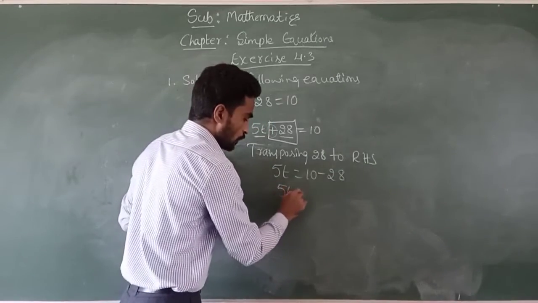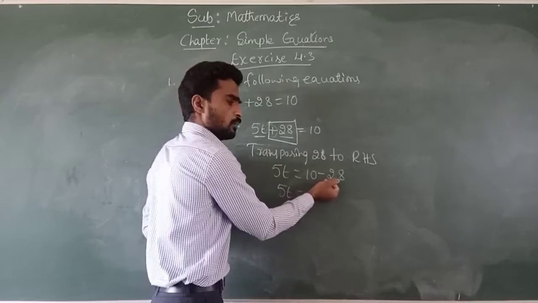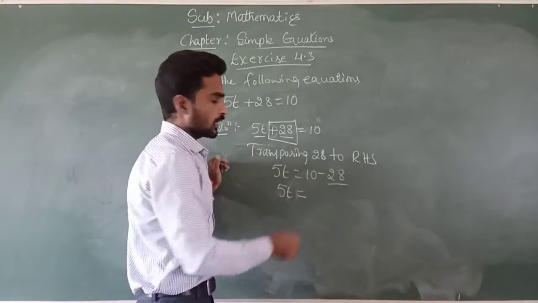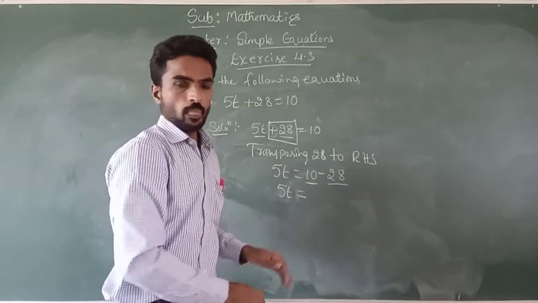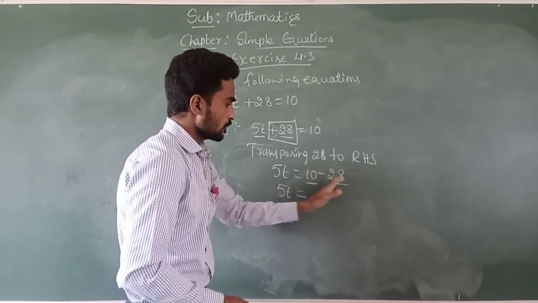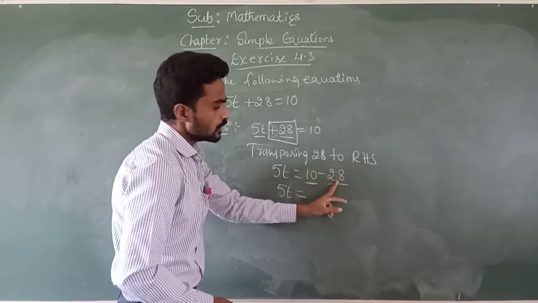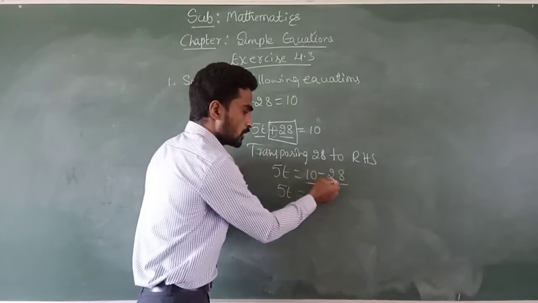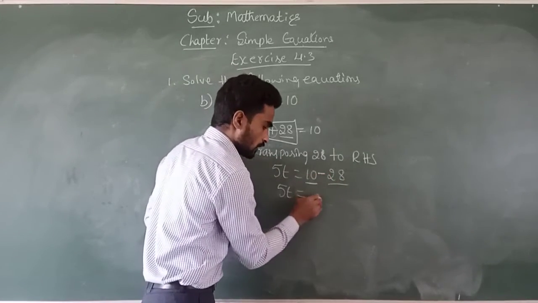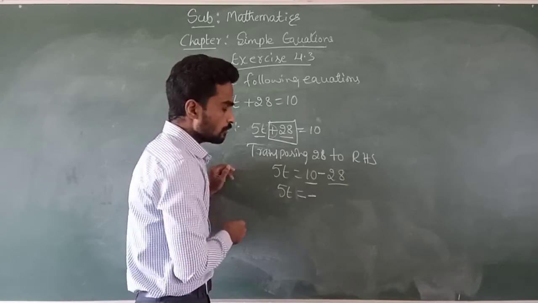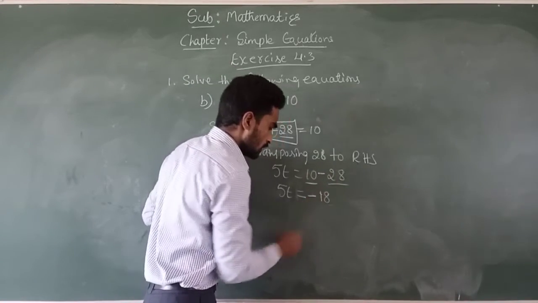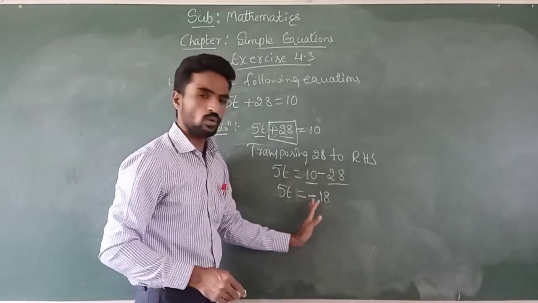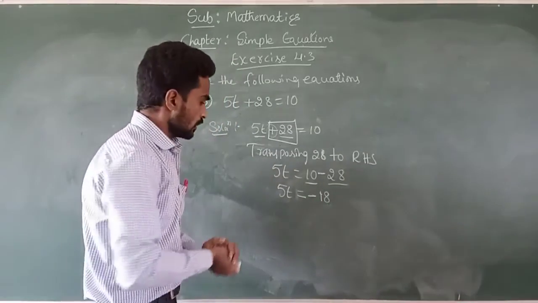Here the bigger number is 28, which is negative, and the smaller number is 10. We subtract the smaller number from the bigger number and put the sign of the bigger number. Then 28 minus 10 is 18, so we get 5t is equal to minus 18.